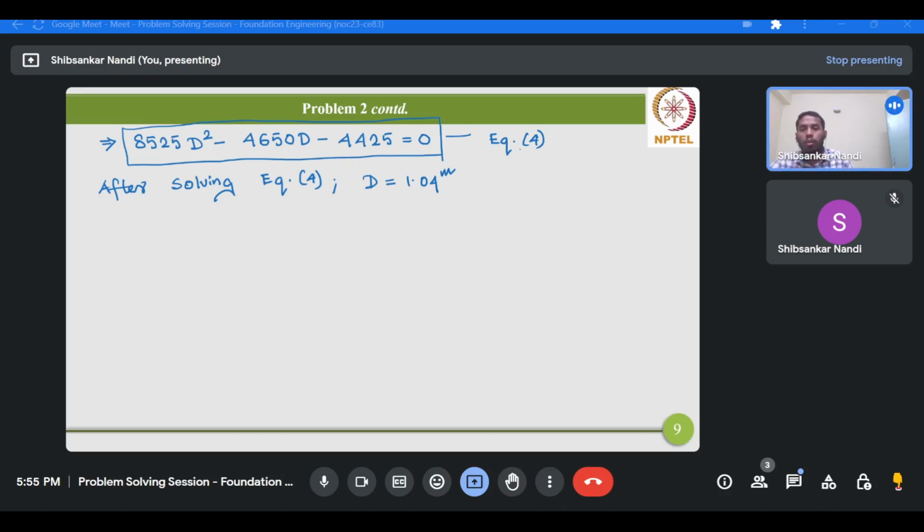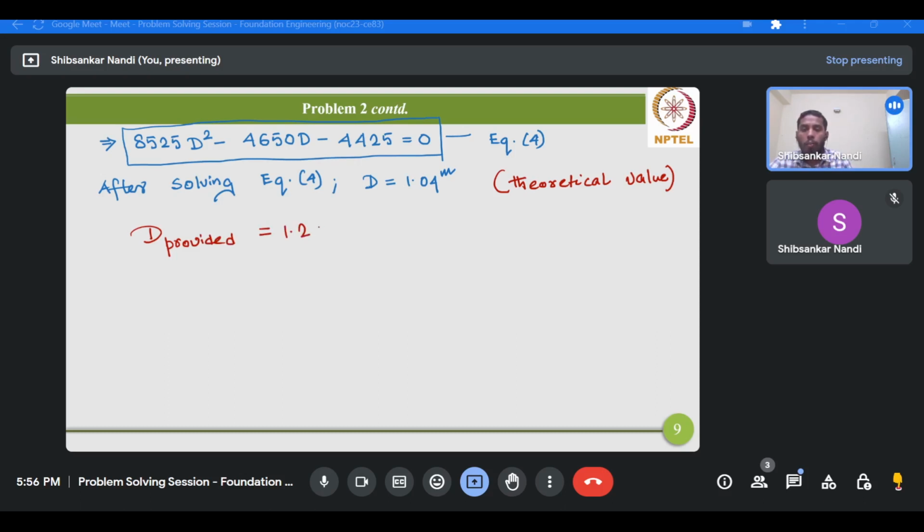So based on the solution of equation 4, we have got the value of D as 1.04 meter, but this is the theoretical value. Please keep in mind, whatever value we have got after solving equation 4 is the theoretical value. But in the actual scenario, since we have to keep some safety margin, the provided D value would be 20% greater than this theoretical value.